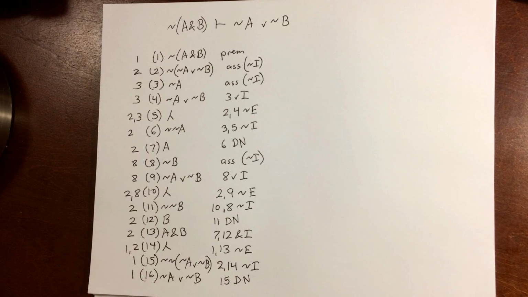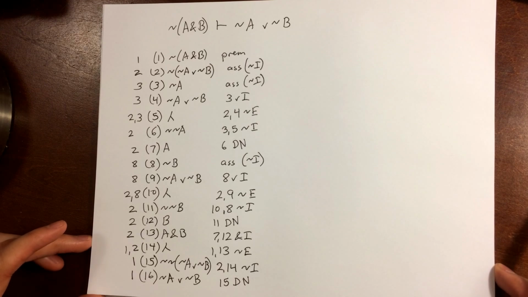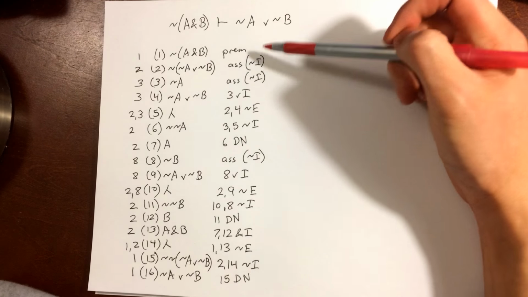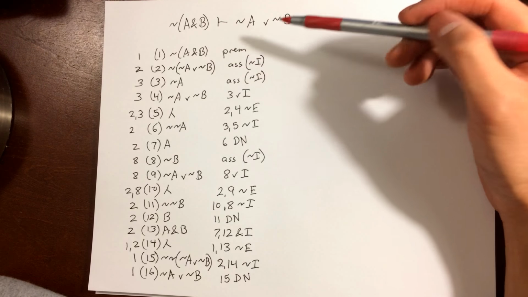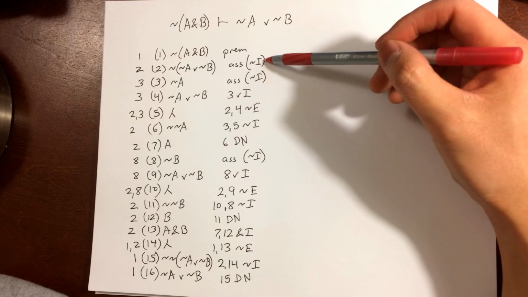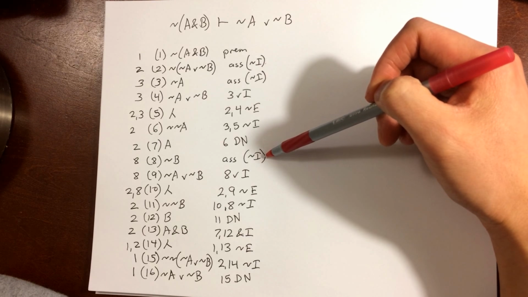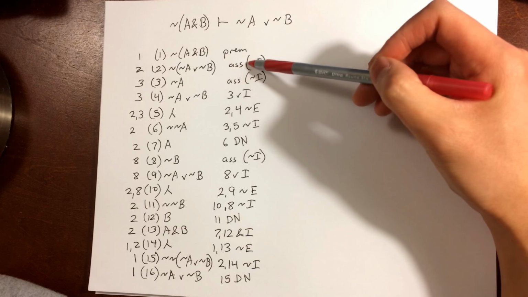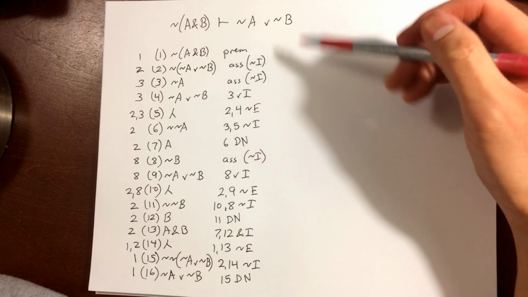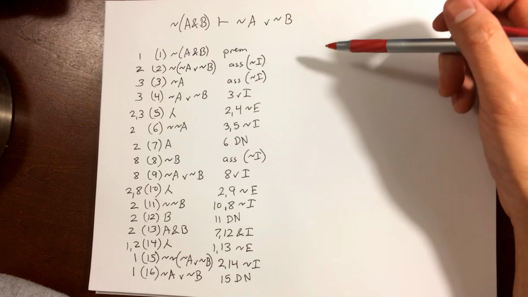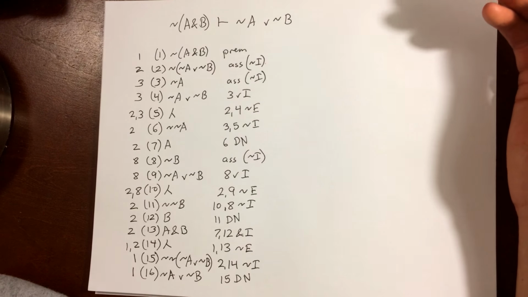Okay, just a few notes on why I write negation I instead of reductio ad absurdum. Negation I helps you to see that you're going to discharge these assumptions by using negation introduction. And of course, to use negation introduction, you're going to need to find contradictions.